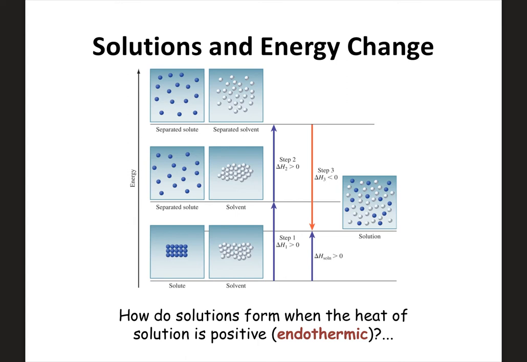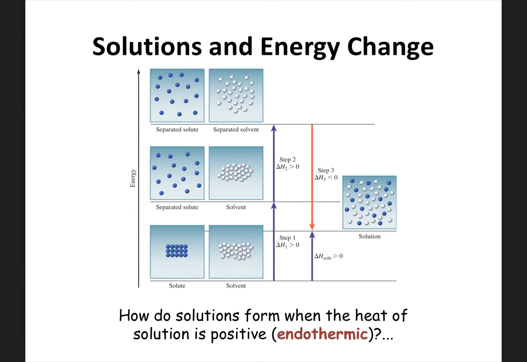So the question is, how do these solutions actually form when you have this positive delta H? This negative delta H, this lower energy, we know from bonding, negative energy is preferred in nature. So how can you actually get substances dissolving even though you have energy needing to be taken in?